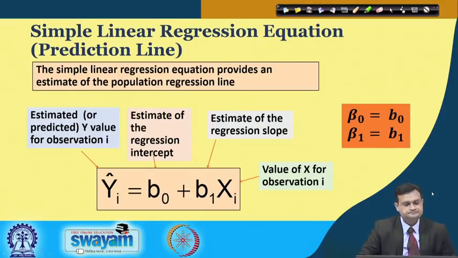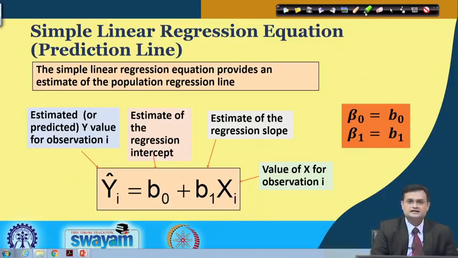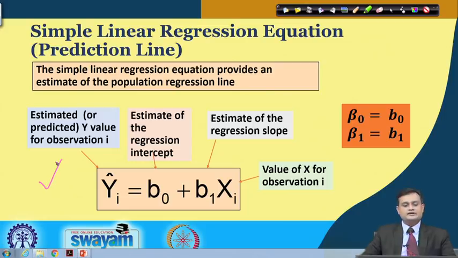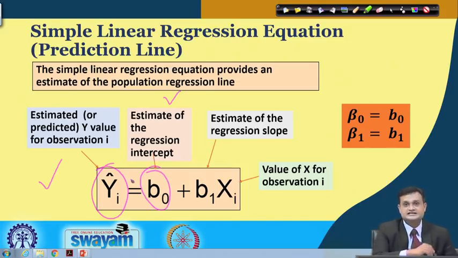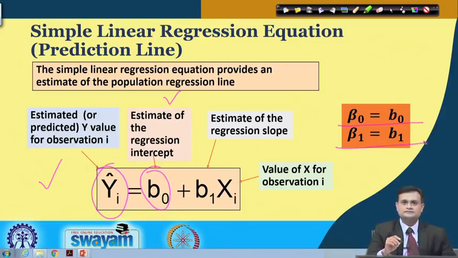So, the model is very simple and interesting. In linear regression you have the estimated or predicted y value, yi hat, the estimate of the regression intercept, that is beta 0 or b 0. Please do not get confused, beta 0 and b 0, beta 1 and b 1 I can use interchangeably.